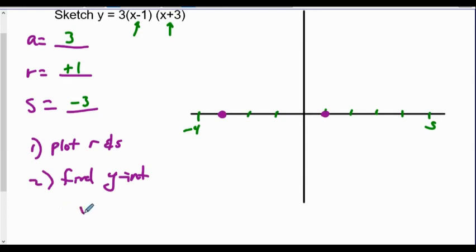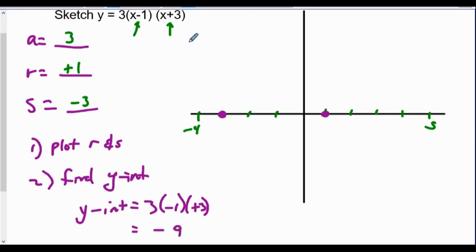So my y-intercept is equal to 3 times -1 times positive 3, which is going to give me a value of -9.